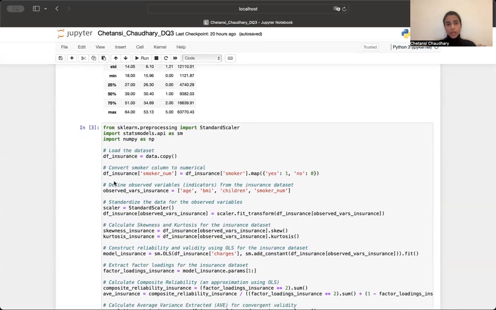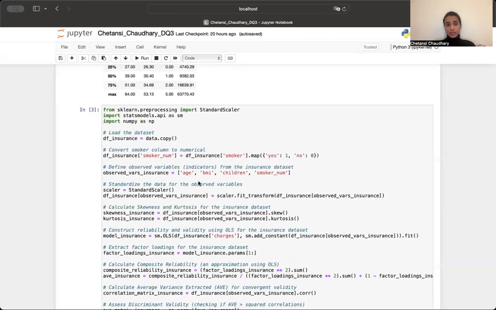So here I have copied the same data into df_insurance and converted smoker into smoker_num, where yes means 1 and no means 0. And I have also standardized age, BMI, children, and smoker.